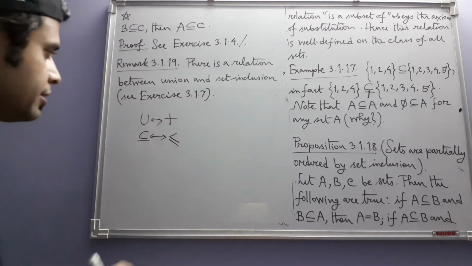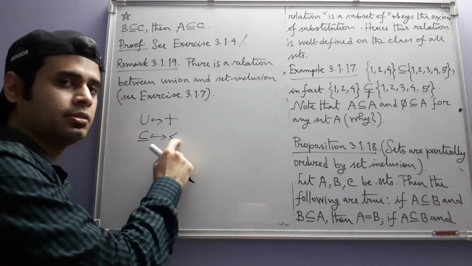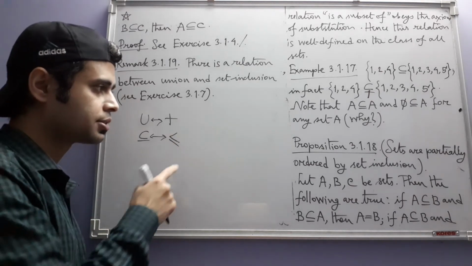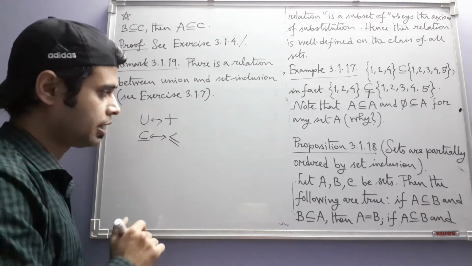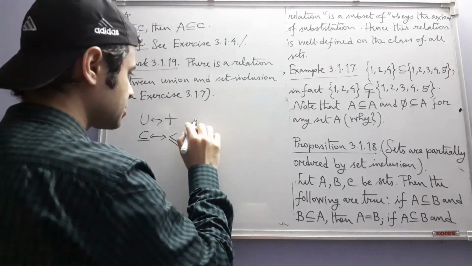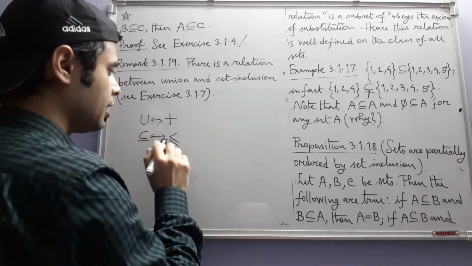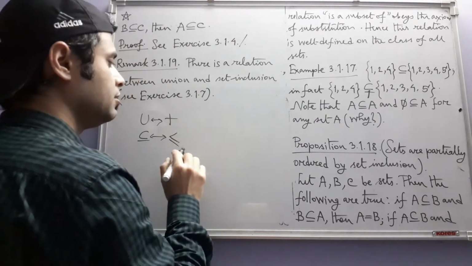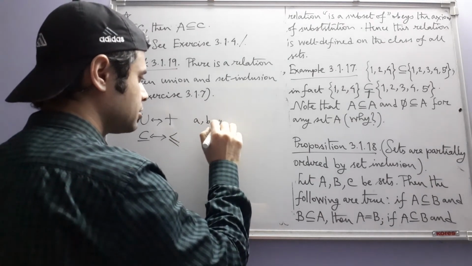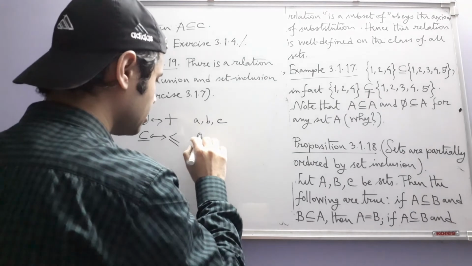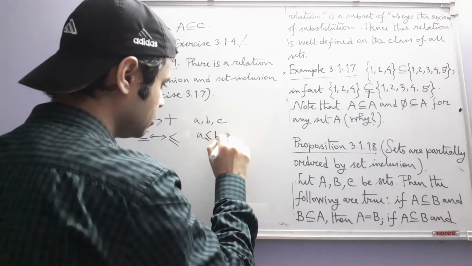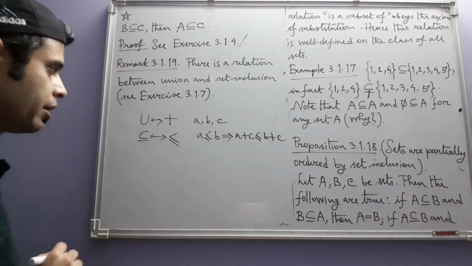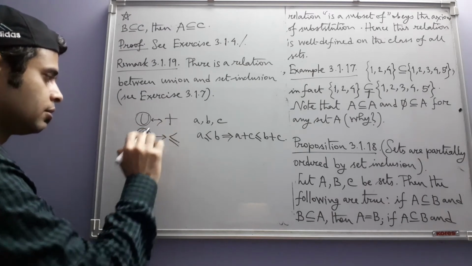And we already know there is a relationship between these two things, which we discussed in one of the results involving the number system of natural numbers, which simply says that if A, B and C are three natural numbers and A is less than or equal to B, then A plus C is less than or equal to B plus C. There is something similar involving union and set inclusion.